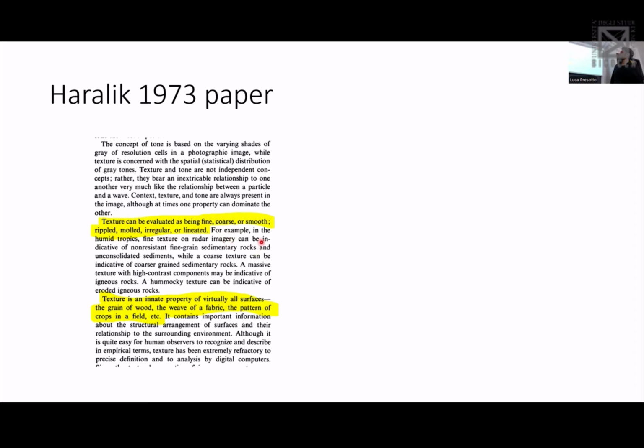He gives the example that in the humid tropics, fine textures can be indicative of one specific kind of rock, while coarse can be indicative of sedimentary rocks, and so on. And texture, that's the most interesting part, is an innate property of virtually all surfaces: the grain of wood, the weave of a fabric, the patterns of crops in a field, in whatever kind.